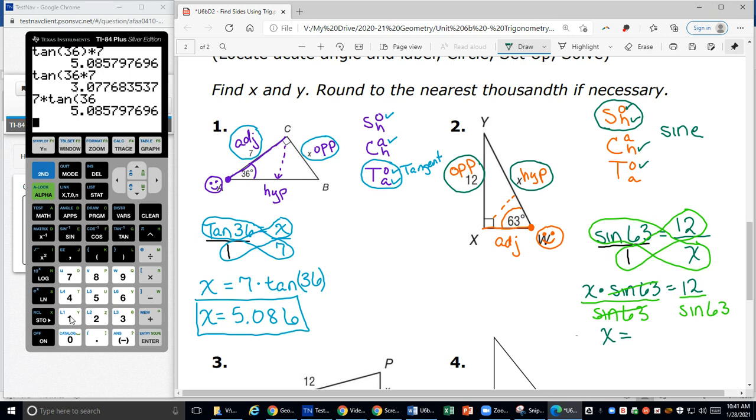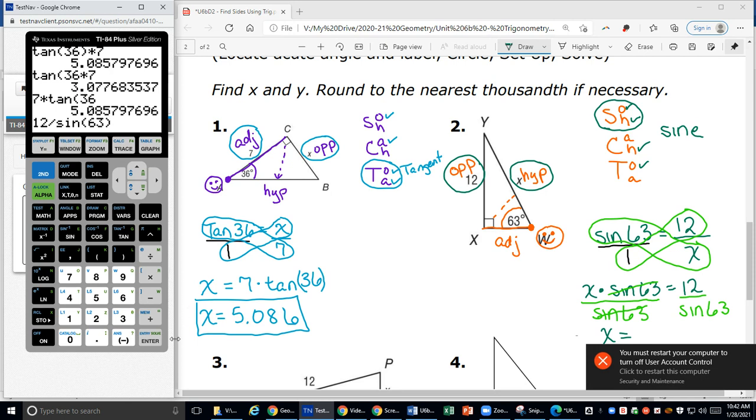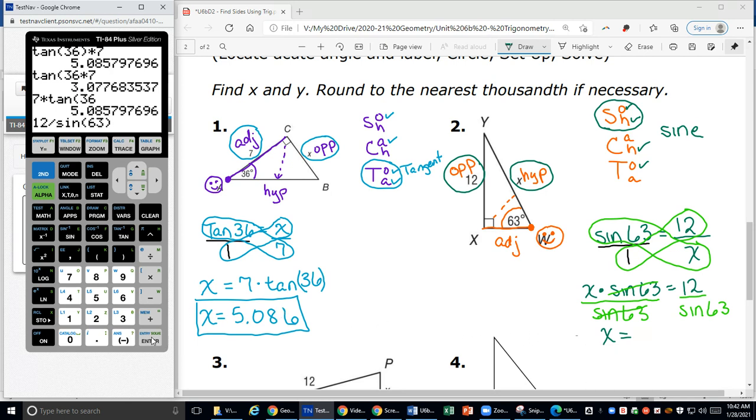I can put that in my calculator. 12 divided by the sine of 63. Again, notice it opened that parenthesis, so I want to put that seatbelt on. Even though I might not need it, I'm going to close it because I saw up here that I could get in an accident and get the wrong answer, and definitely don't want that.